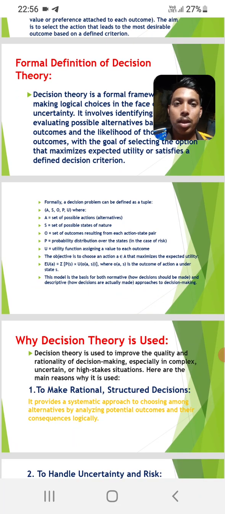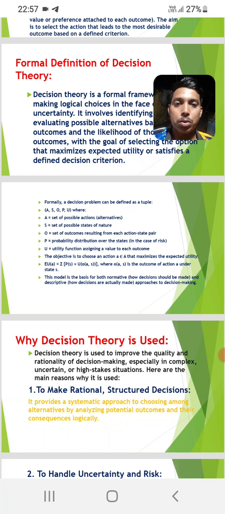A decision problem can be formulated as a tuple A, S, O, P, U, where A is the set of possible action alternatives, S is the set of possible states of nature, O is the set of outcomes resulting from each action-state pair, P is the probability distribution over the states in the case of risk, and U is the utility function assigning a value to each outcome.